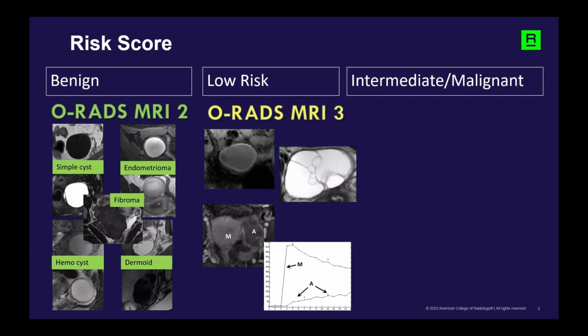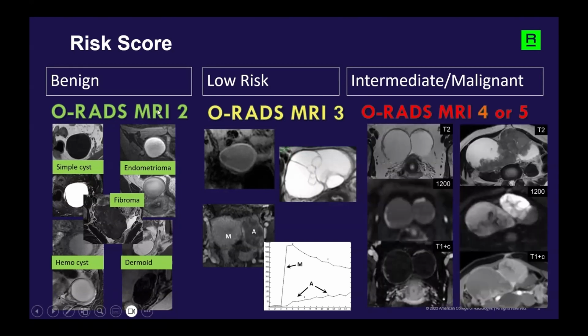This includes larger hemorrhagic proteinaceous cysts with rim enhancement, multilocular cysts, and lesions with enhancing solid tissue with low-risk curve. O-RADS MRI 4 and 5 lesions include lesions with enhancing solid tissue with higher risk enhancement curves. So we're going to go ahead and review each of these categories in more detail.